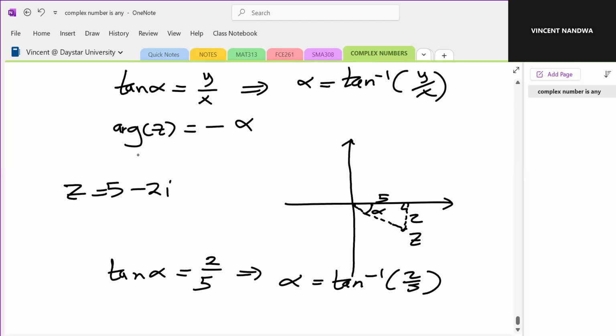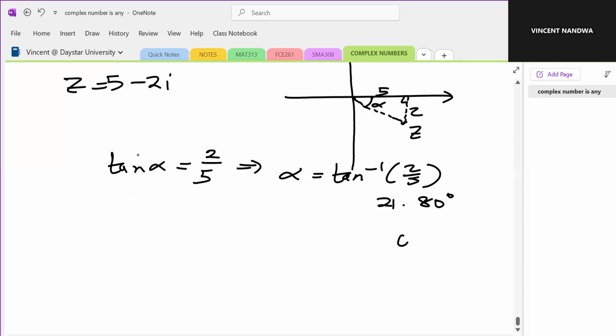So 2 divided by 5, then you define its tan inverse, you get 21.80 degrees. If you want to convert into pi radians, you divide by 180, you get 0.1211 pi radians.